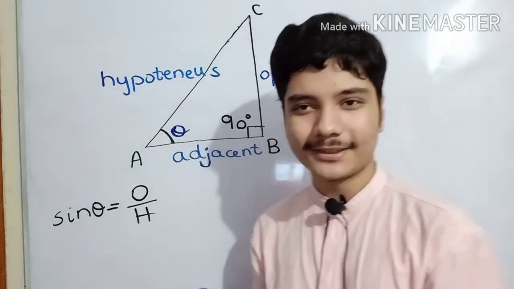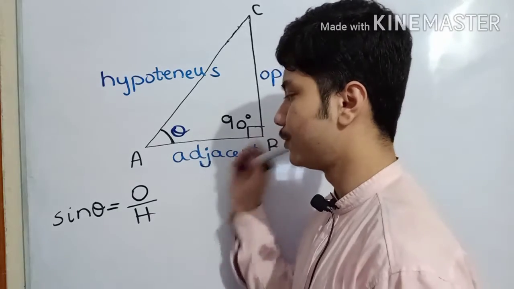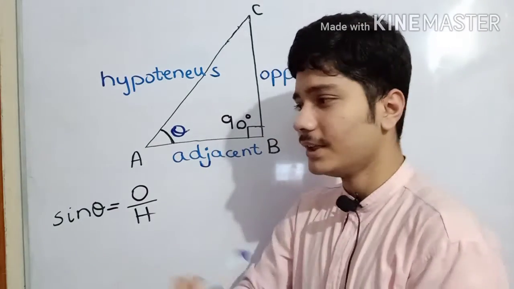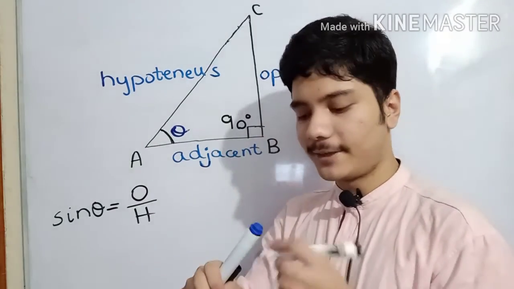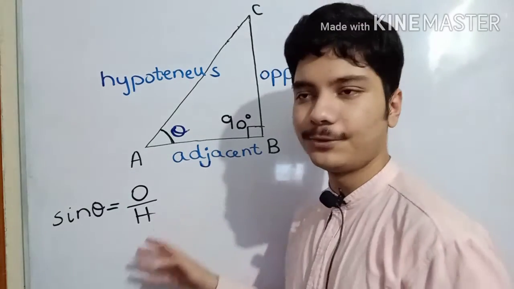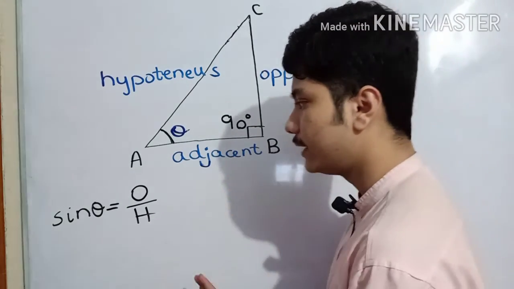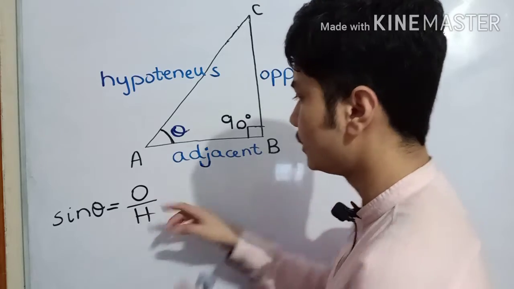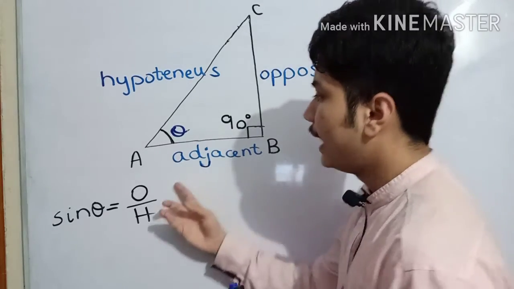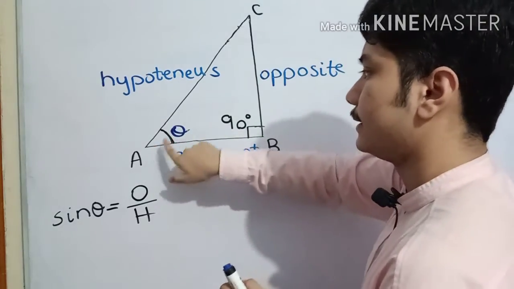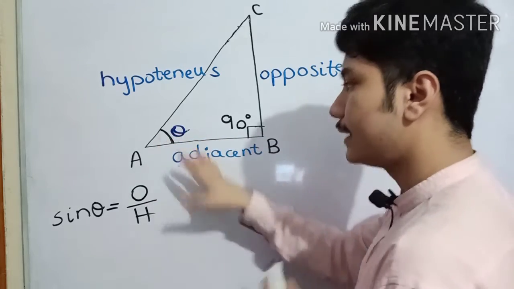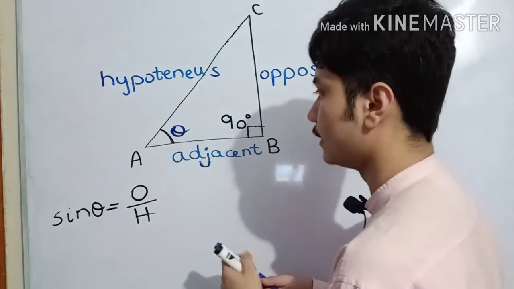Again, I haven't told you anything that is messing up your brain or confusing. This is so easy. As I mentioned earlier, theta is nothing but the name of an angle.